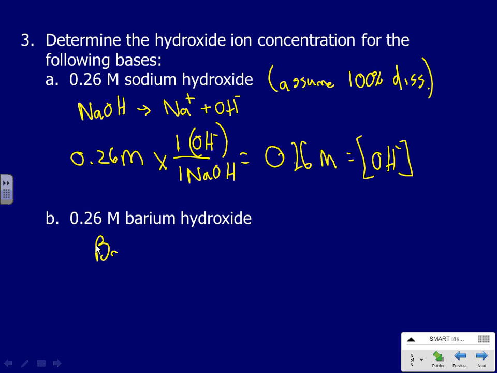Barium hydroxide, I actually don't even need to write out that dissociation reaction, because just from the formula, I can see that there's two OHs for each barium hydroxide.